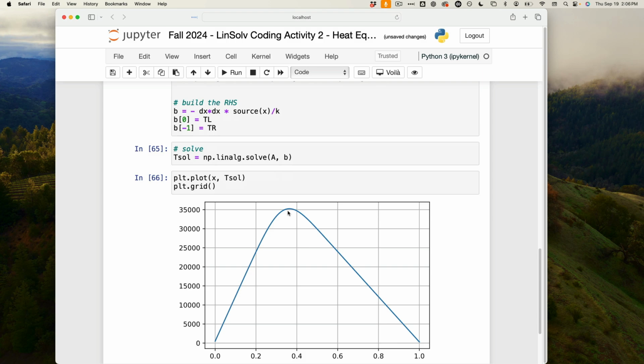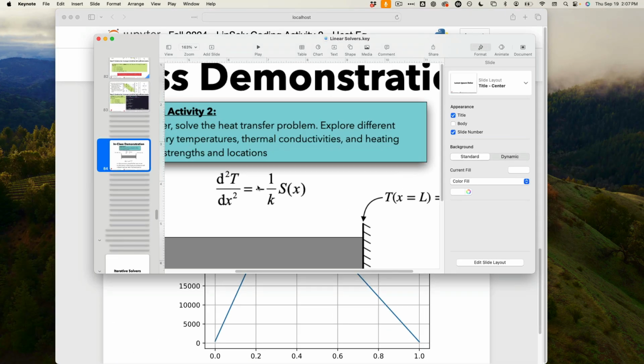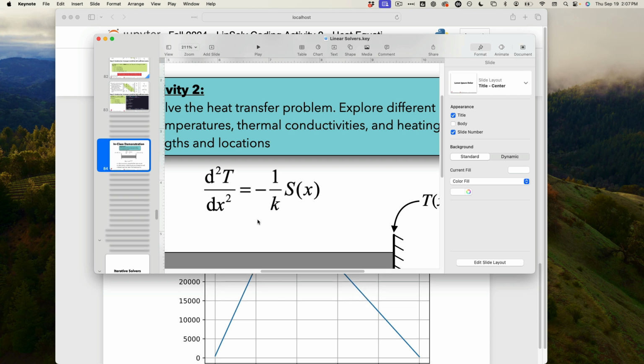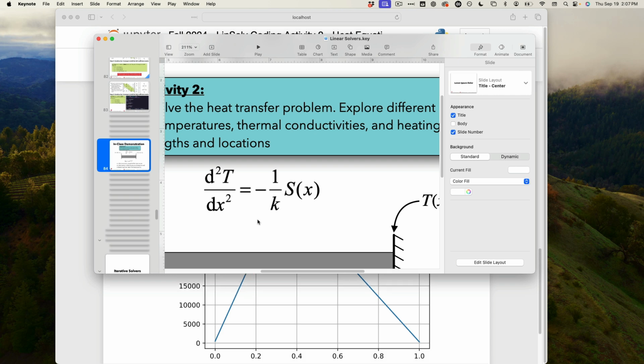And if you look at the equation, as K approaches 0, what happens to the right-hand side of this equation? It gets bigger, approaches infinity. So then the second derivative becomes infinite, so you have an infinite heating of the material, which is unphysical, but still the math, this model tells you that.